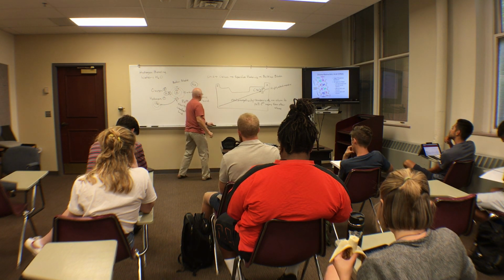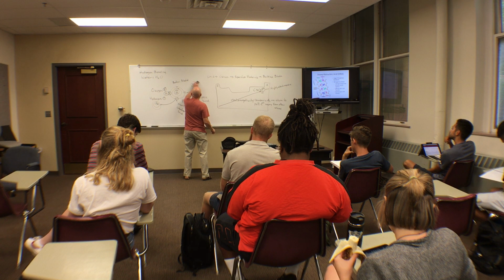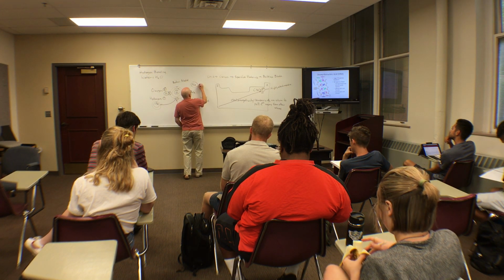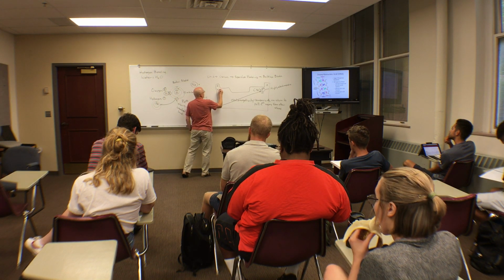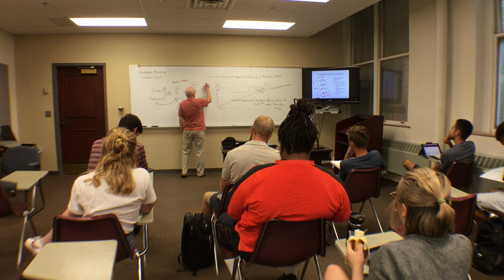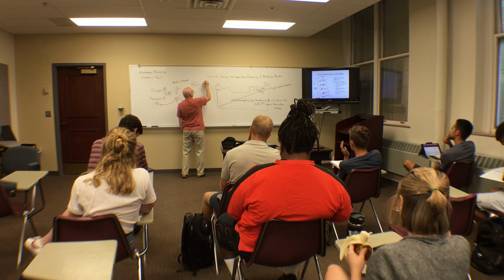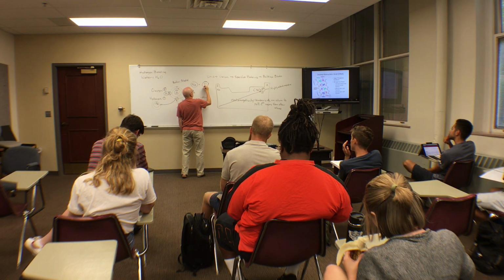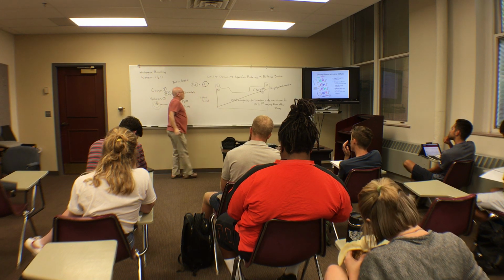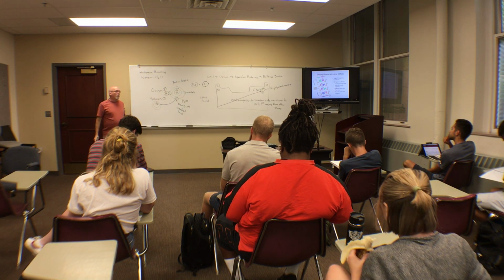No, sorry, I got that wrong. Sodium has 1 electron in its outer shell. It's right below hydrogen over here. And chlorine has all but 1 of its orbitals full.